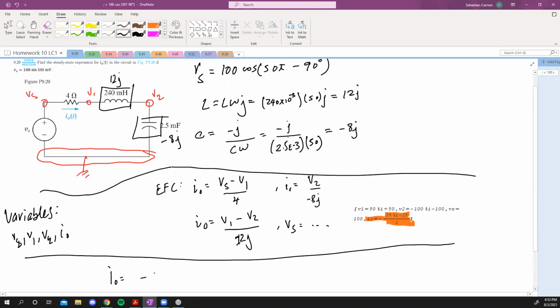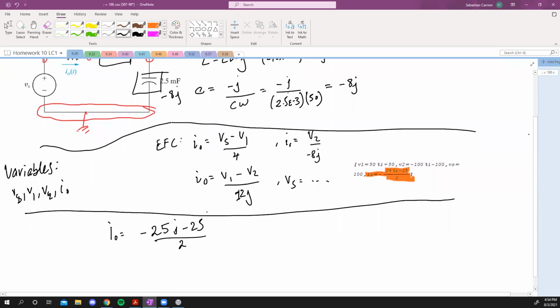I naught is equal to negative 25 minus 25 over 2. Going further and simplifying this, it's negative 25J over 2 plus 25, over 2.